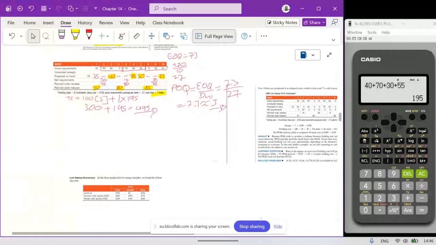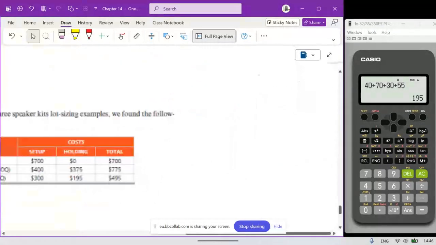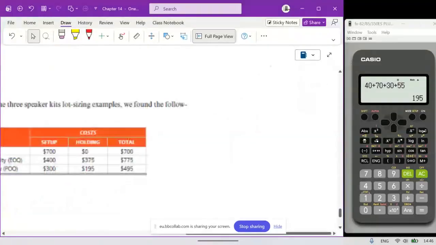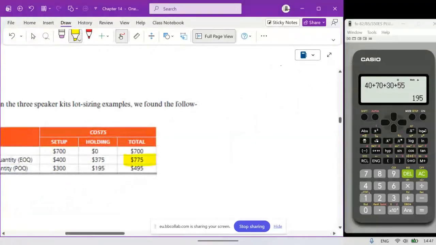POQ has yielded the best results. And this is a comparison. EOQ is the most expensive one, followed by Lot for lot. The least one is POQ.